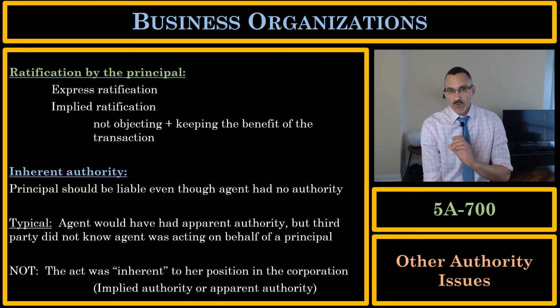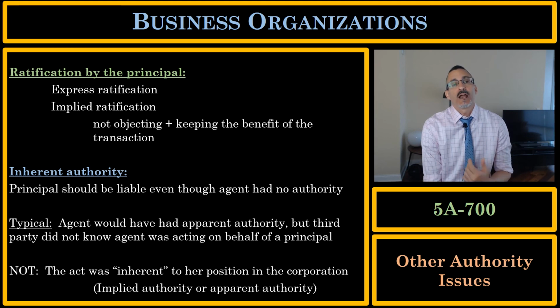Once again, when we use that type of wording, inherent, that's just setting up an implied or apparent authority argument. It's not really setting up an inherent authority argument, which is strictly an equitable doctrine that will hold the principal liable even though the agent had no express, implied, or apparent authority.